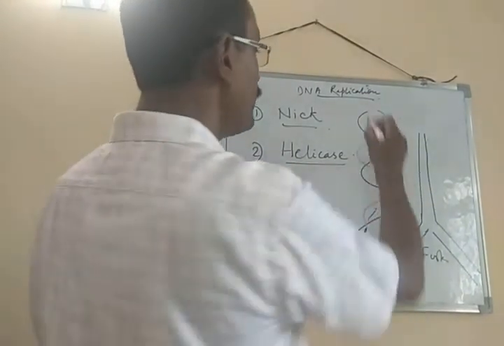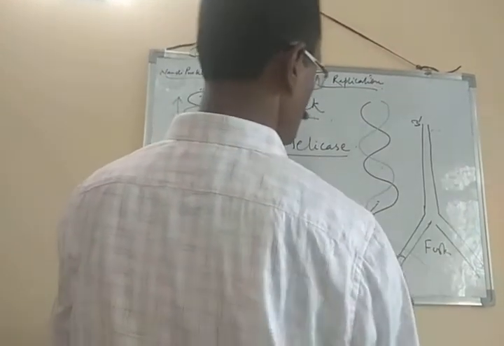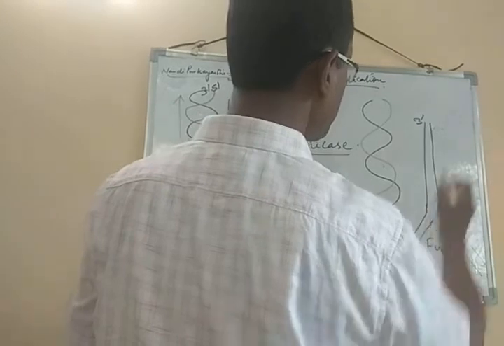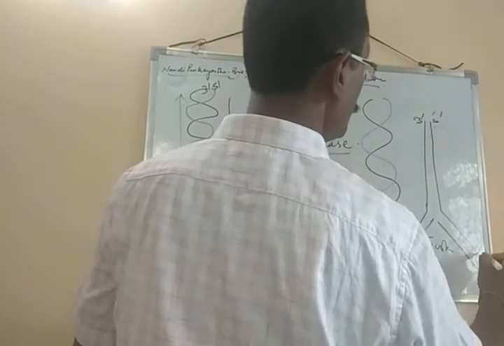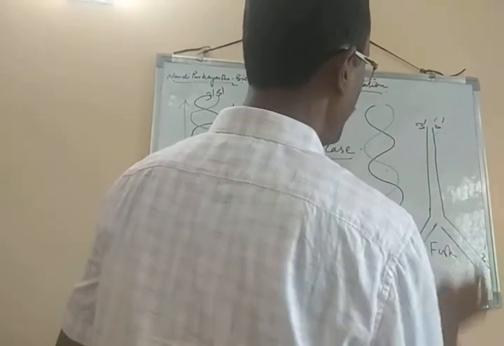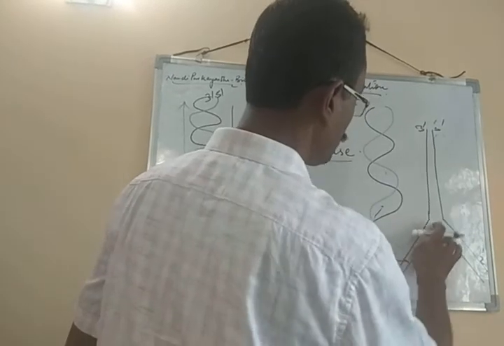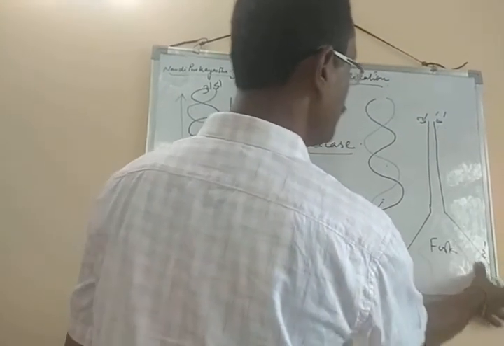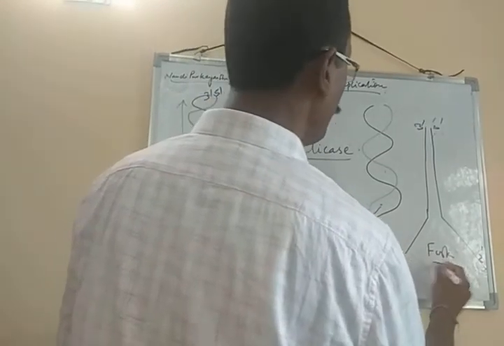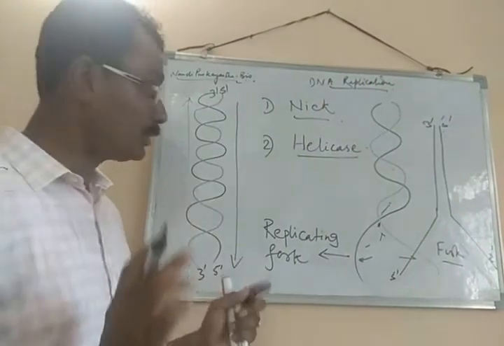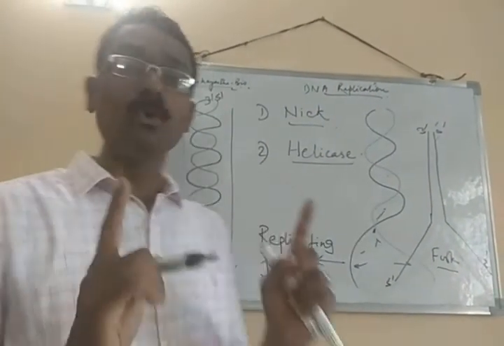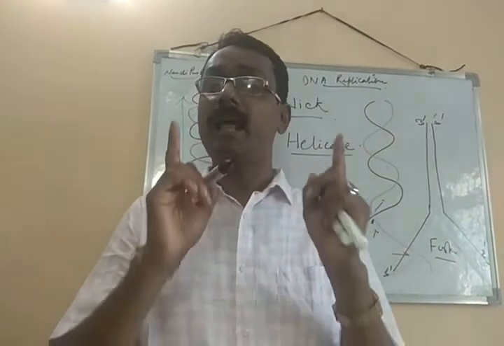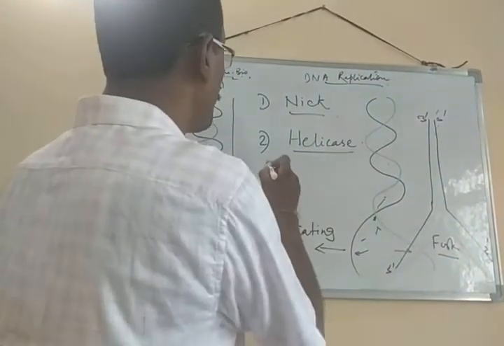So here I am writing 3' to 5' and 5' to 3'. This is the end where the replication takes place. For the time being, I am taking out this one. These are the 2 strands which have been separated and have formed a fork.